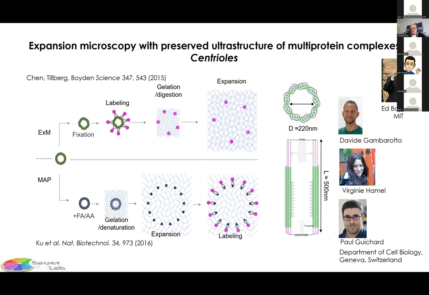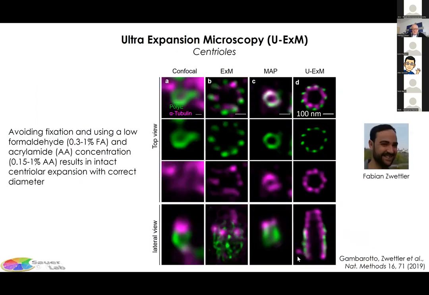A centriole in the top view looks like a 9-fold symmetry with 9 microtubule triplets. And from the side, we have long tubulin filaments. By using standard confocal microscopy, labeling 2 of these tubulin filaments, poly E and alpha tubulin, in 2 different colors, you see that confocal microscopy cannot resolve anything in an unexpanded sample.